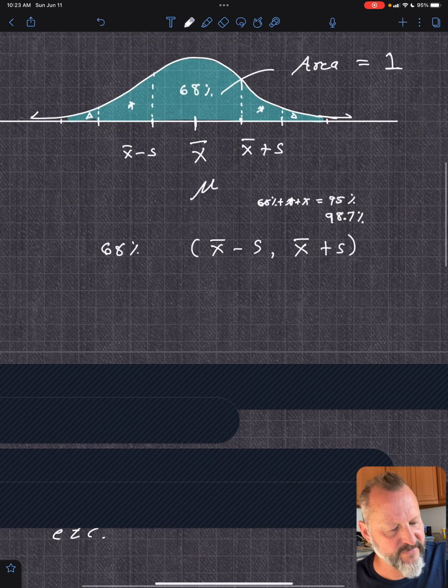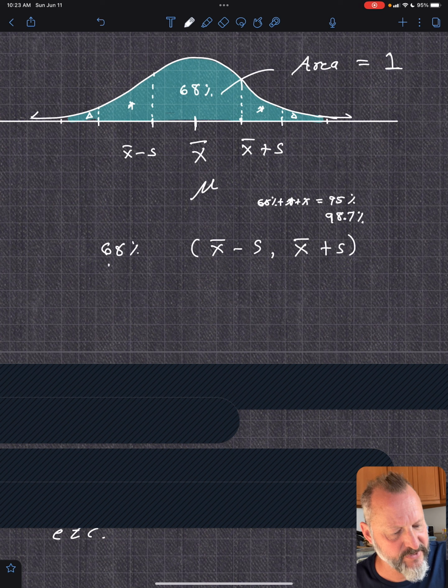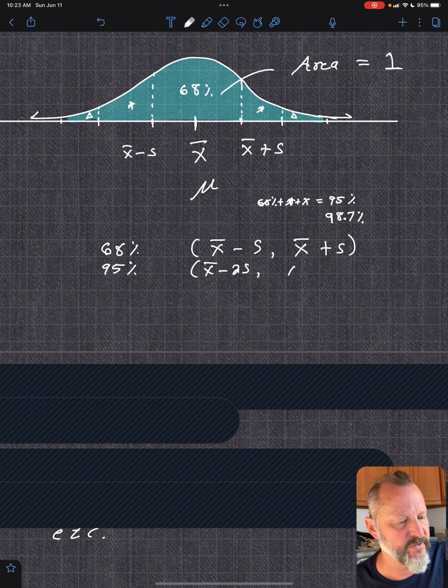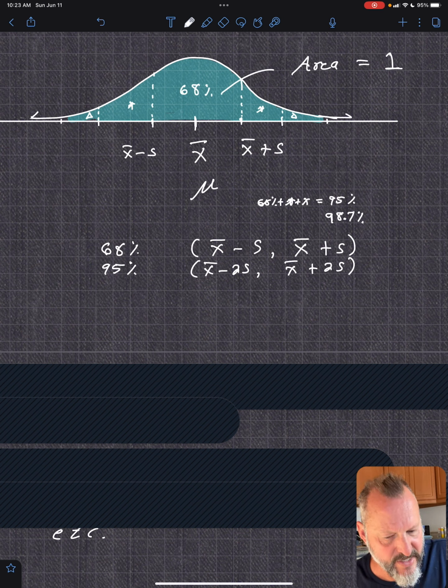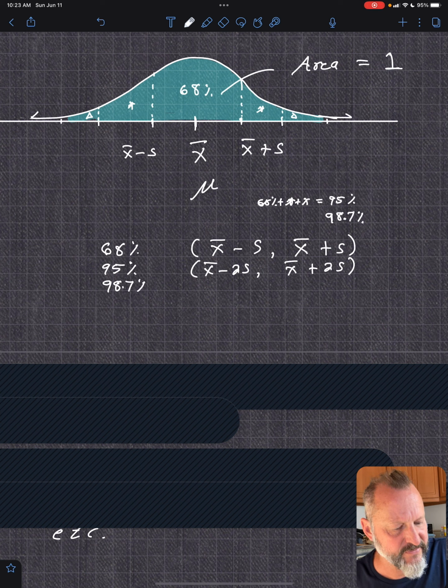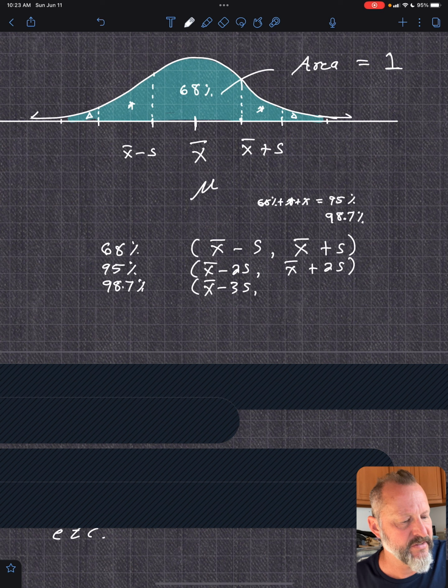And then you have 95% is 2 standard deviations away from the mean, x bar minus 2s to x bar plus 2s, and that's literally an interval. And then 98.7% of information is x bar minus 3s to x bar plus 3s.